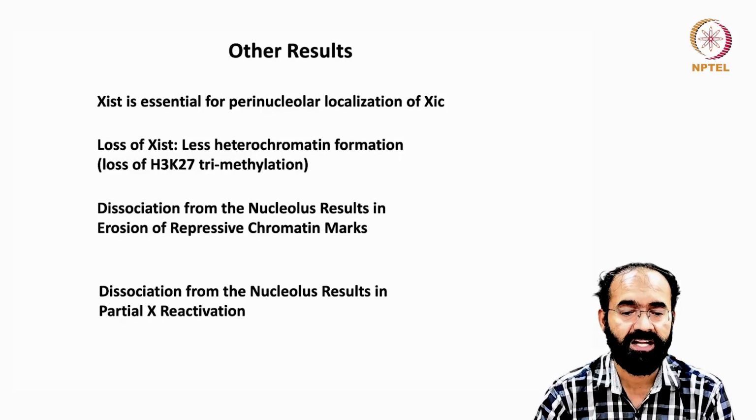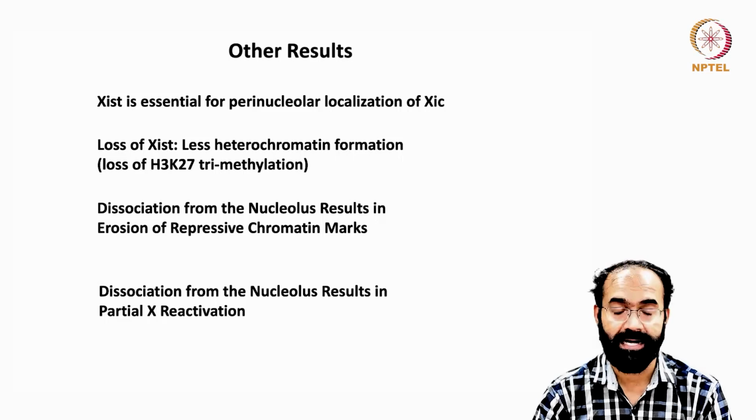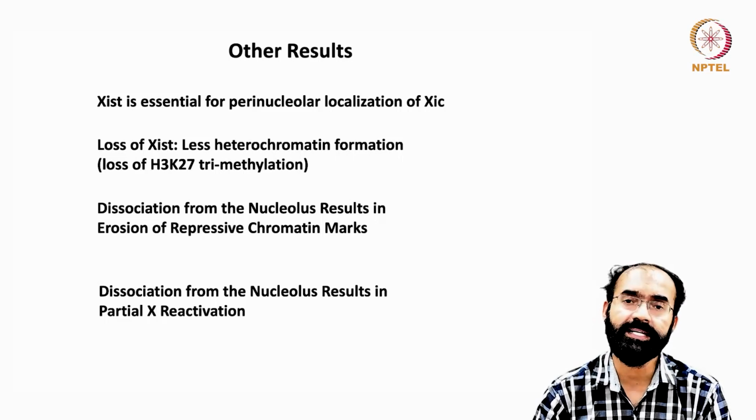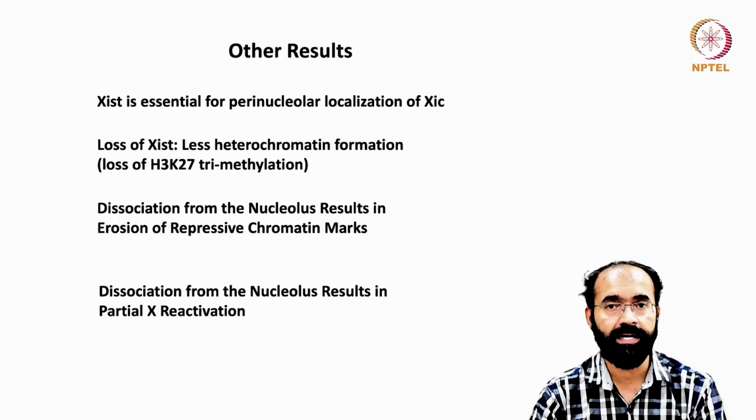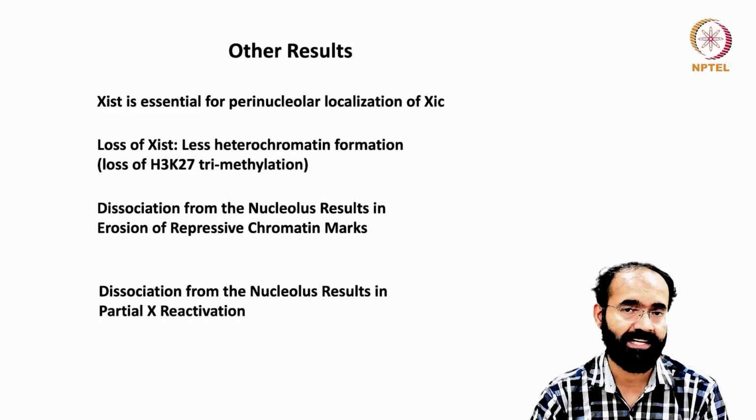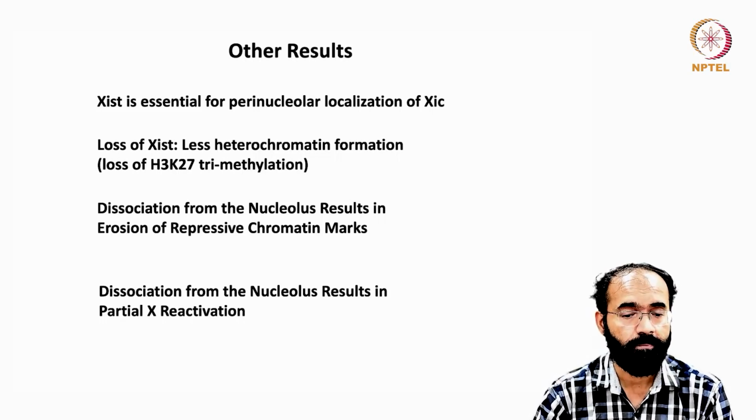Xist is essential for perinucleolar localization of the X-inactivation center. Loss of Xist means less heterochromatin formation, meaning you will not have H3K27 trimethylation effectively. So what it indicates is that the guide, or the inspiring force, of the X-inactivation center is Xist itself.